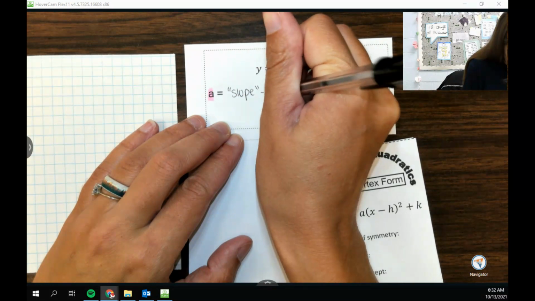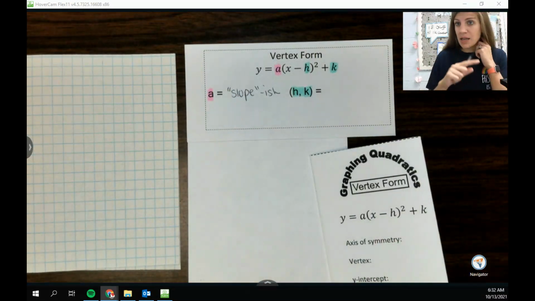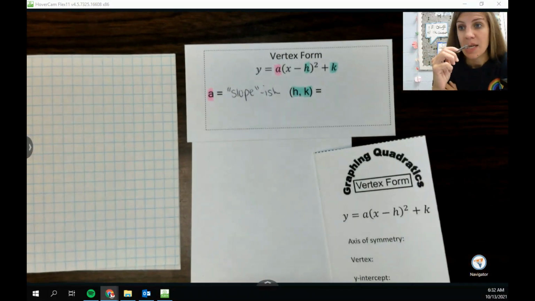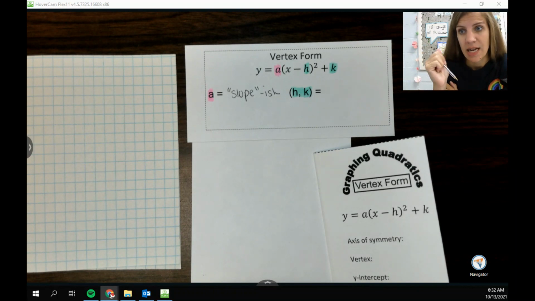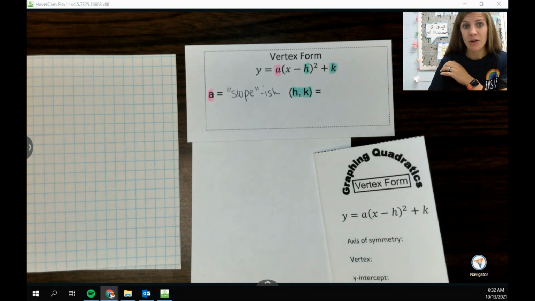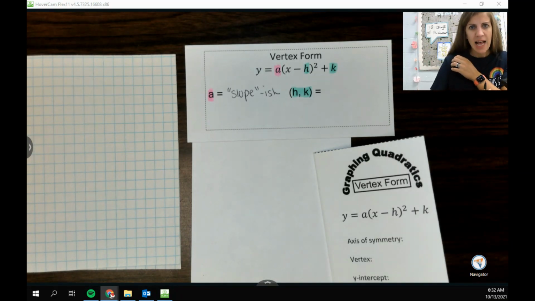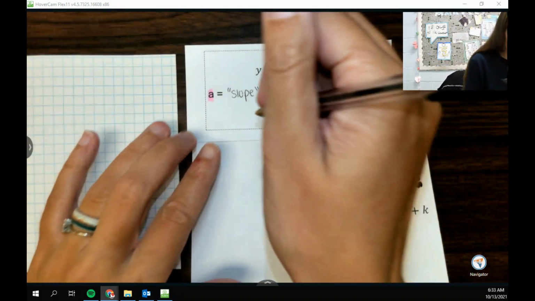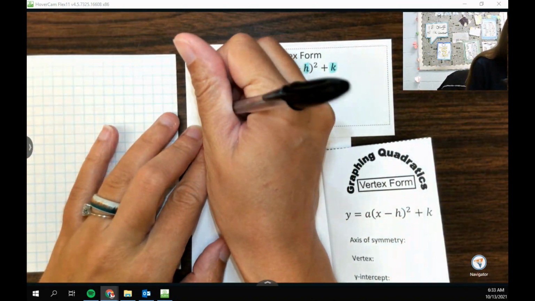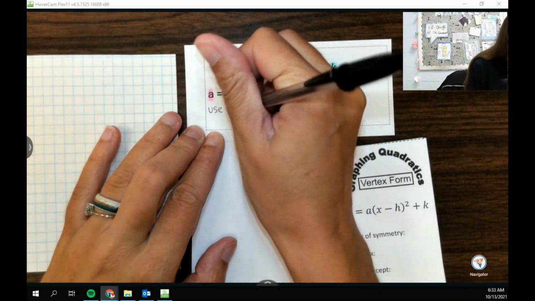When we talked about the shape of our graph, the parabola, we noticed that the slope was not constant. It's changing, either slowing down or speeding up. So we don't have true slope here. However, we can use A as the slope one time. So: slope-ish, use once.